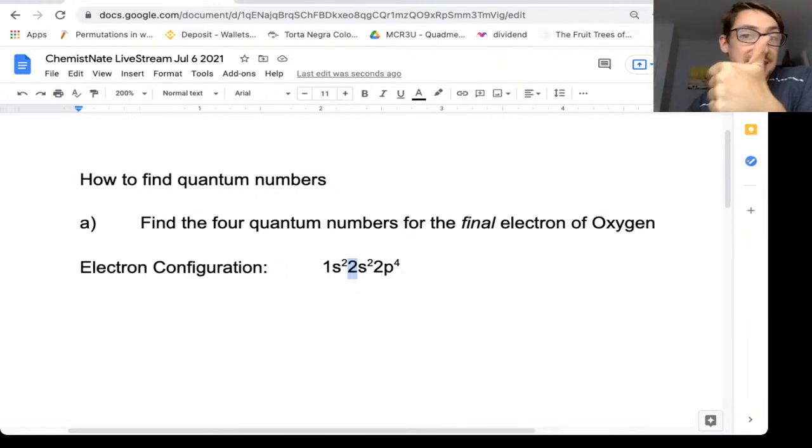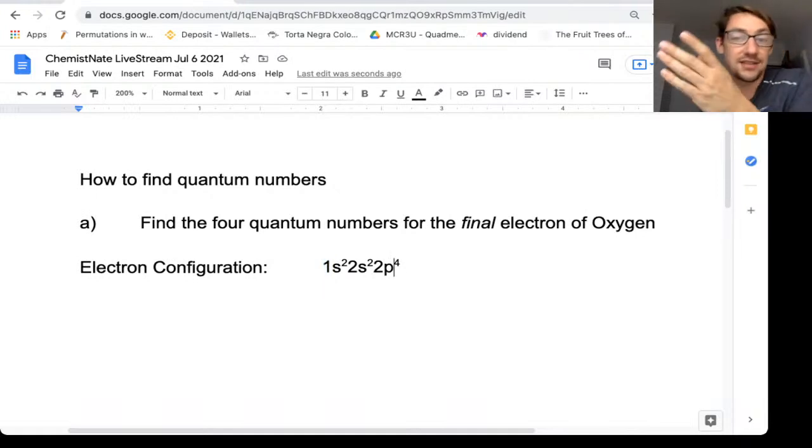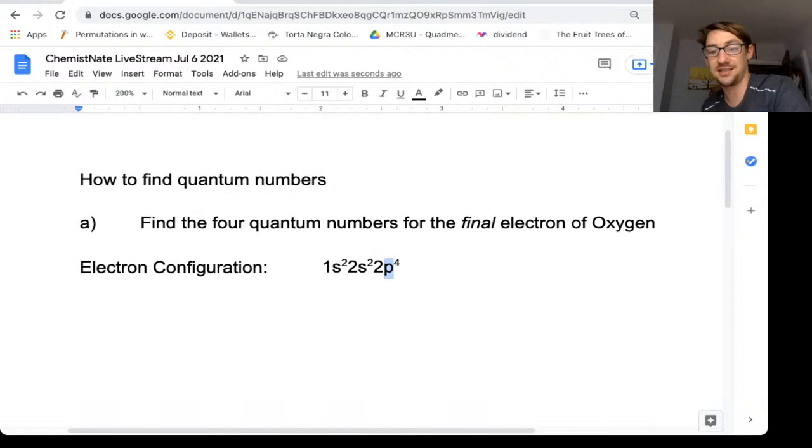There's an s subshell, which can hold 2 electrons, just like the s subshell of energy level 1 could hold 2 electrons. And a p subshell that can hold up to 6 electrons.